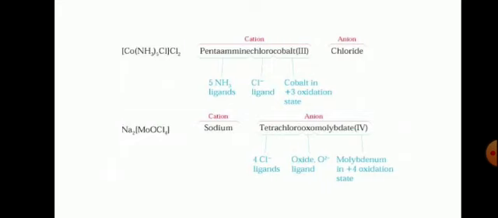As it is positive, it is only cobalt, the oxidation state is 3, and then chloride is written. In the second one, sodium is written first, then tetrachloro oxo, and as the complex is negative, it is molybdate, and the oxidation state, that is +4, is written in the round brackets.